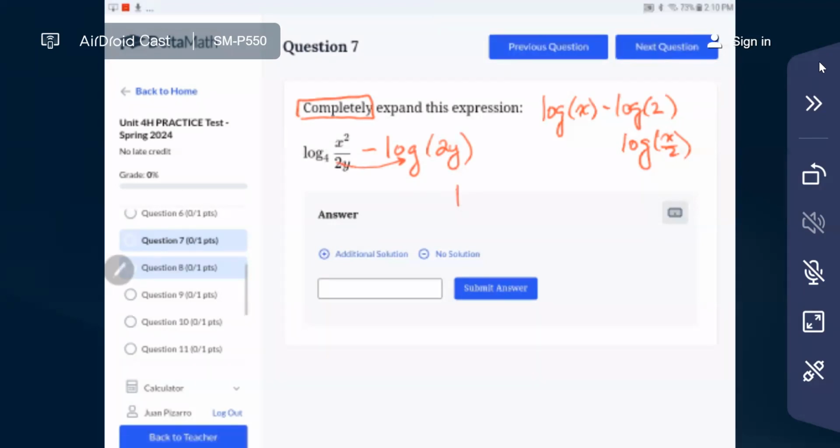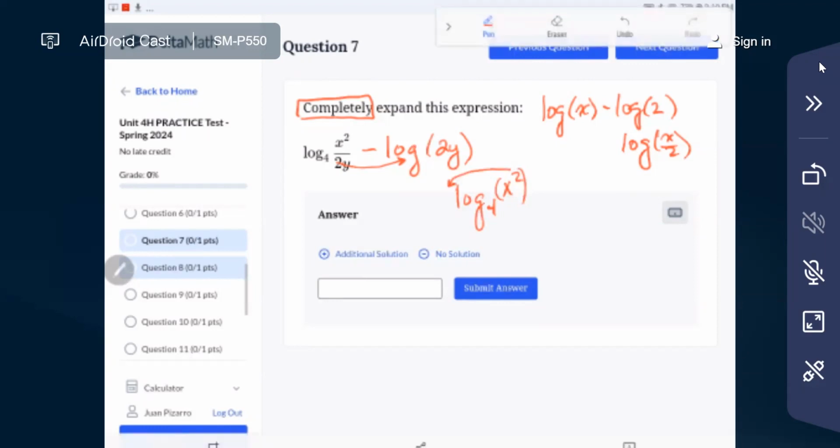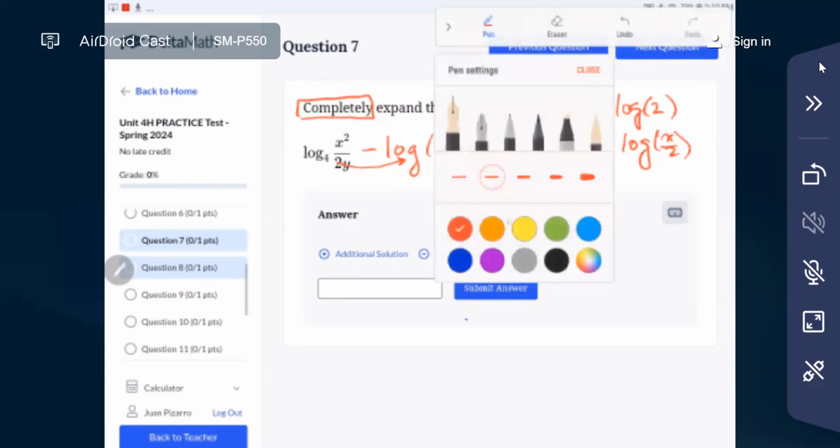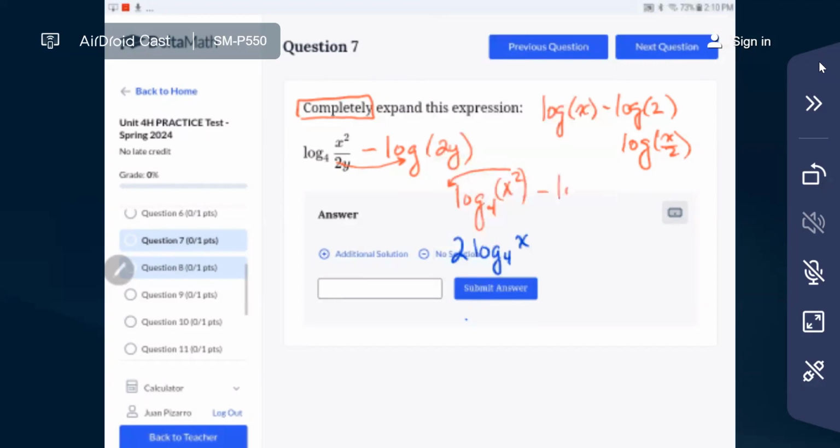First we need to look at the first part of this, which is log 4 of x squared. We're going to have to move this 2 out in the front. I'm going to switch to blue here. So that means this is going to look like this: 2 log 4 of x. And then our second one, we're going to notice that this minus log of 2y is multiplying.